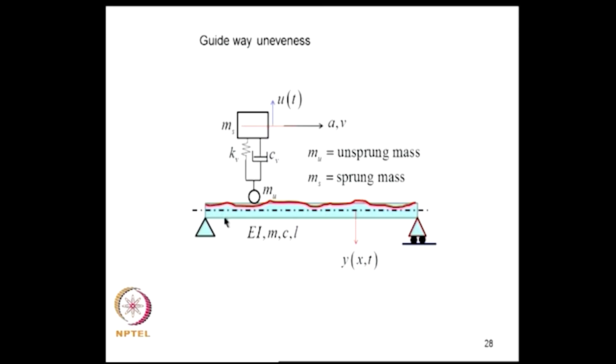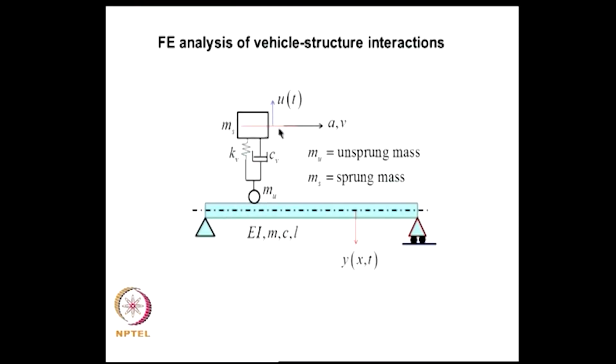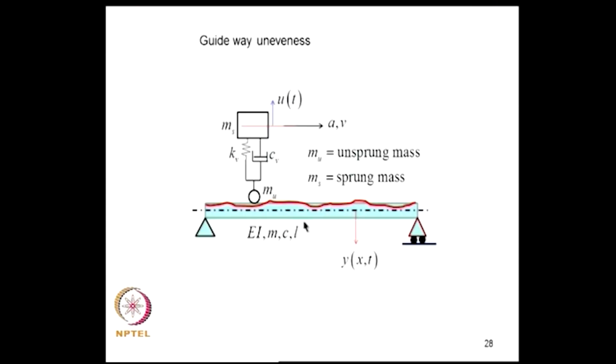See, there are certain idealizations made in arriving at this model. For example, we are assuming that the bridge deck is smooth, but in reality the bridge deck could have guideway unevenness, and the vehicle will actually be moving on a bumpy bridge.